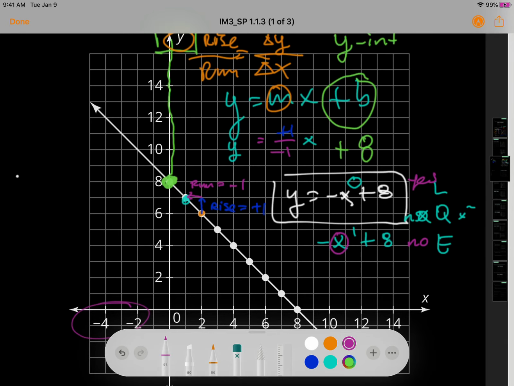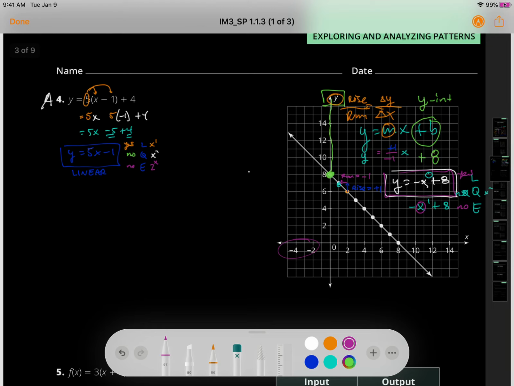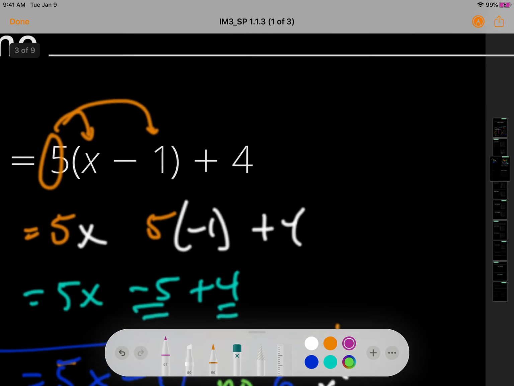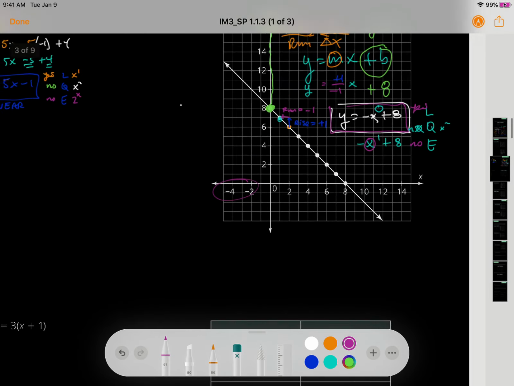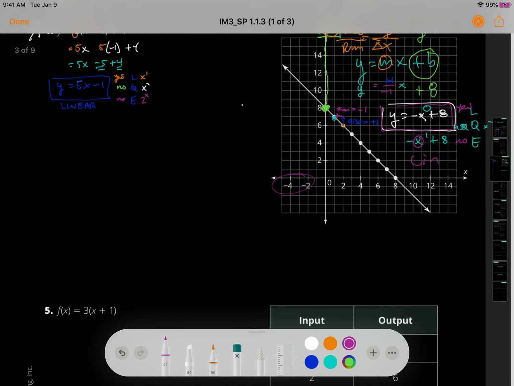Now, pay attention though. If this is linear, my question is, are these two in the boxes the same exact equation? Are they equivalent? Does this expression match this graph? Although they're both linear, they are not equivalent.